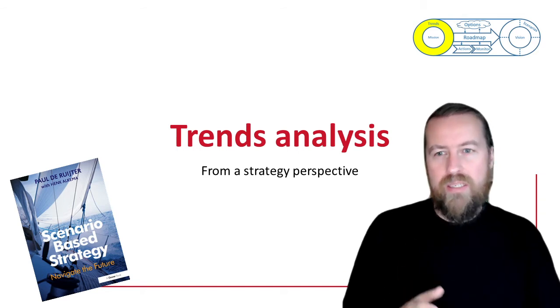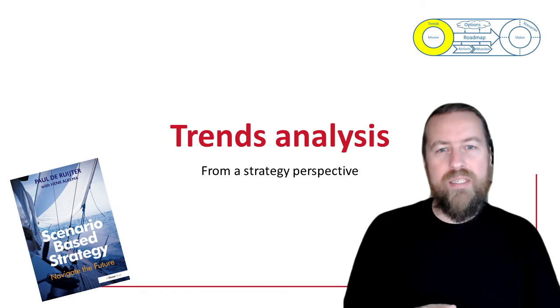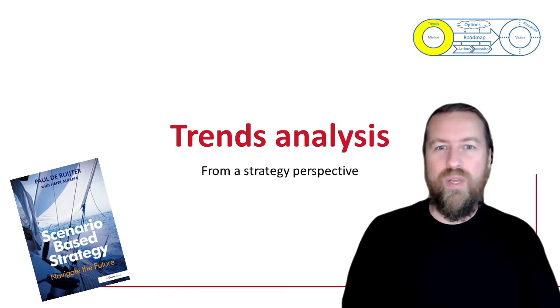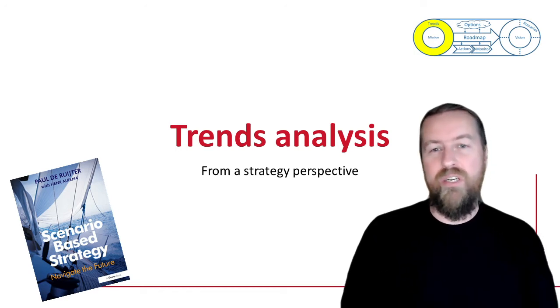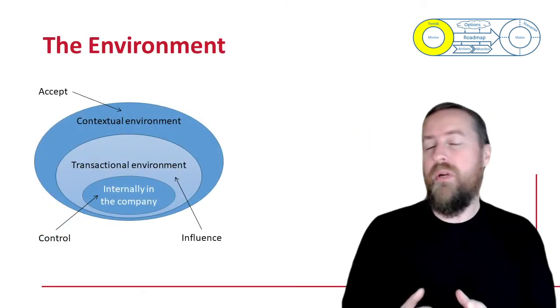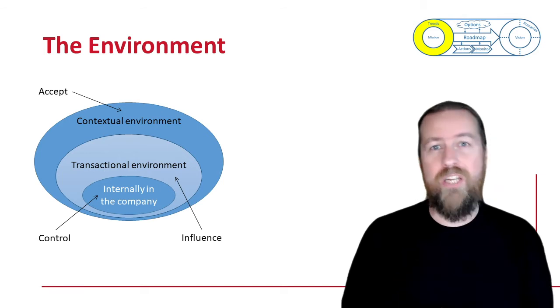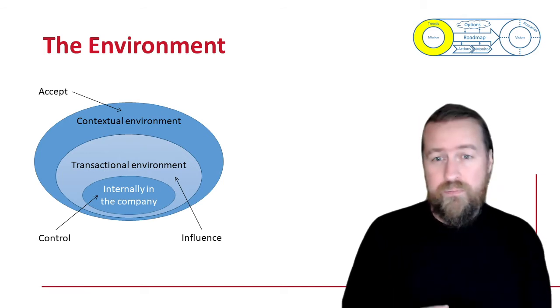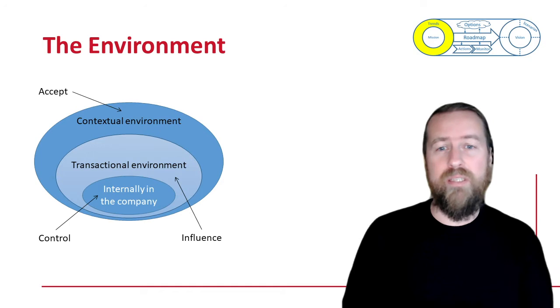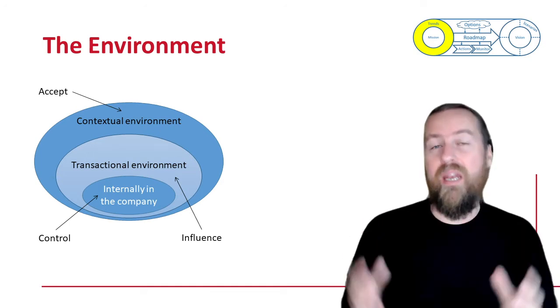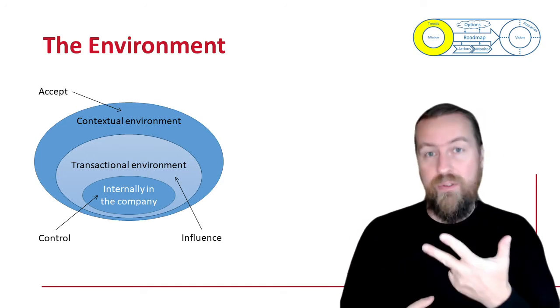But let's start out on it, because why is it that we're actually looking at these strategic scenarios? Well, it is primarily because there is such a thing as an environment that the organization needs to deal with. These environments can be leveled at 3 different stages.